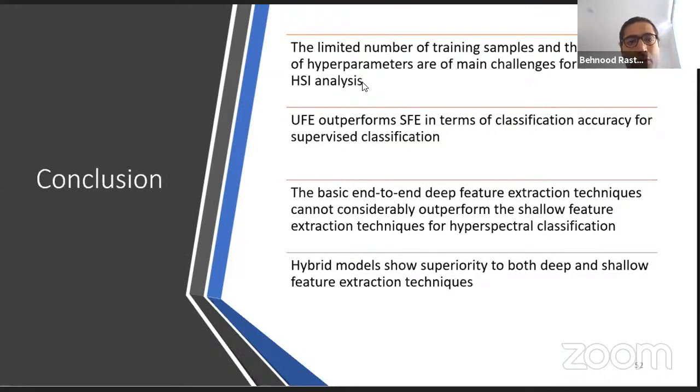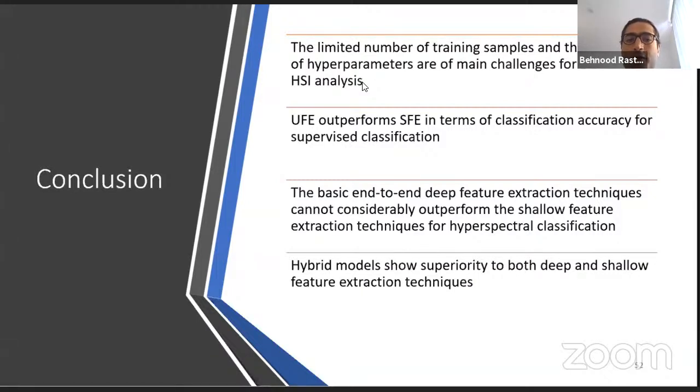The limited number of training samples and selection of hyperparameters are the main challenges for deep learning based hyperspectral image classification. We mentioned this throughout the lecture.